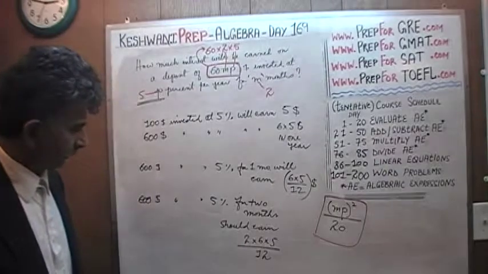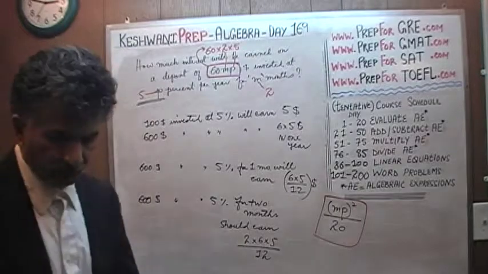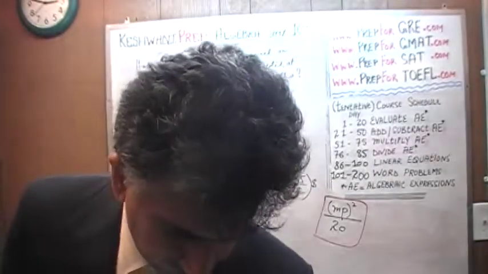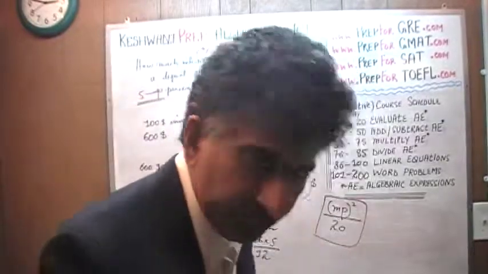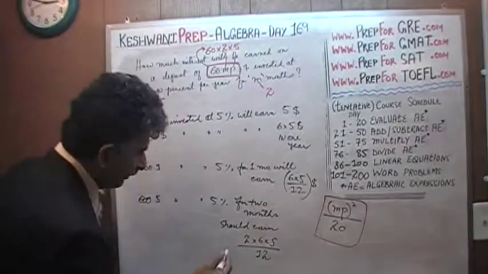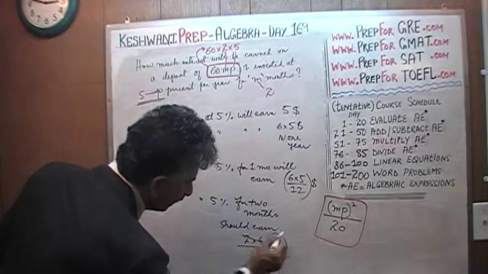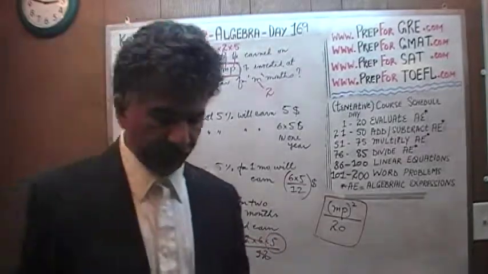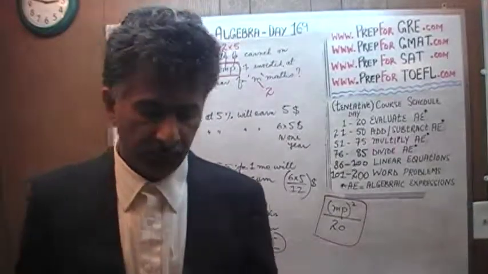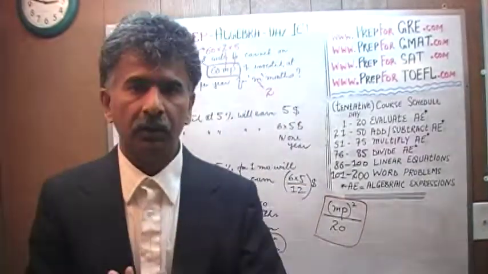Let's see what that works out to be, shall we? Oh, this is very straightforward actually. It turns out that we're going to earn a whopping $5, because 6 times 2 is 12, so this 12 cancels out with this 12. We are going to earn $5 in interest on our $600 if we were to invest it for 2 months at 5%.